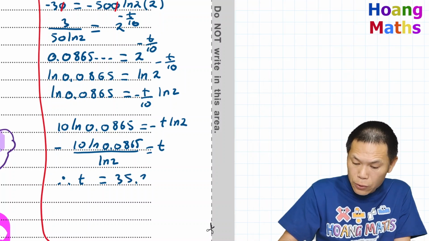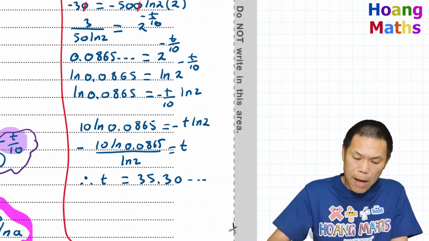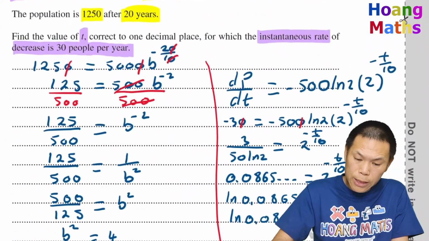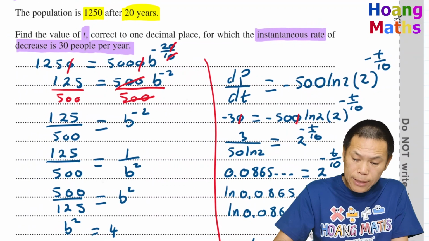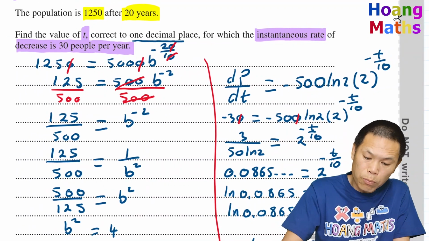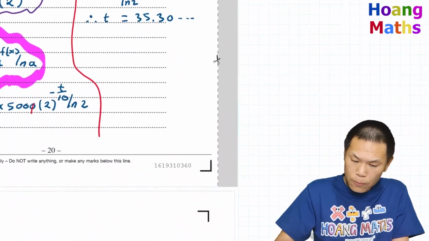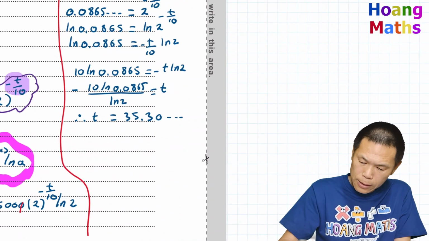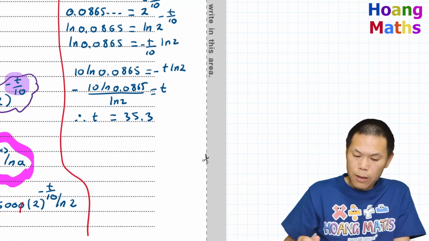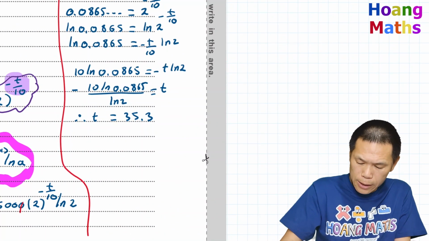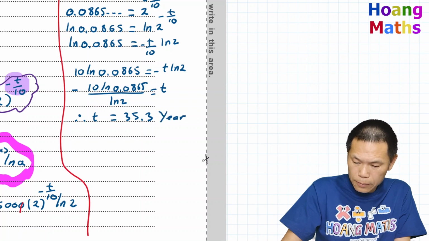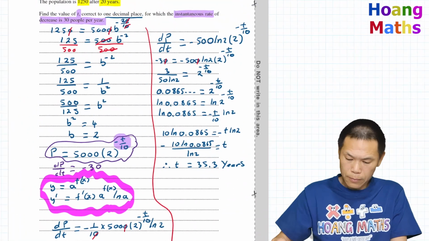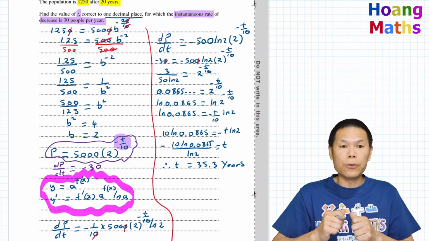But the question is, we need to give the answer correct to 1 decimal place. So therefore, T is 35.3 years. So there you go.